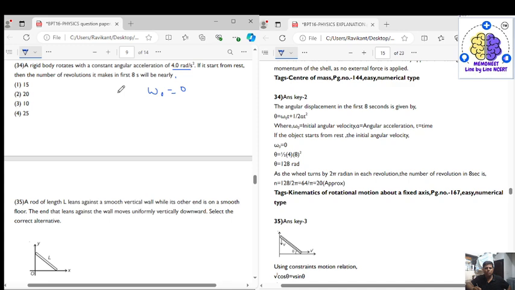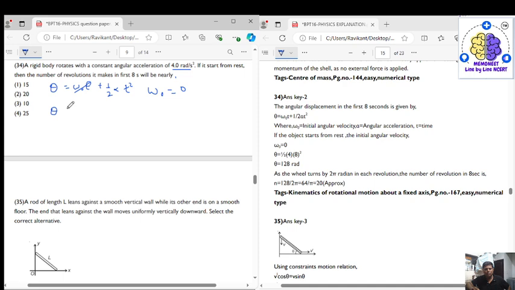Alright. So the number of revolutions can be calculated if we calculate theta. We will use the formula theta is equal to omega naught into t plus half alpha t square, right? This will become 0 because omega naught is 0.